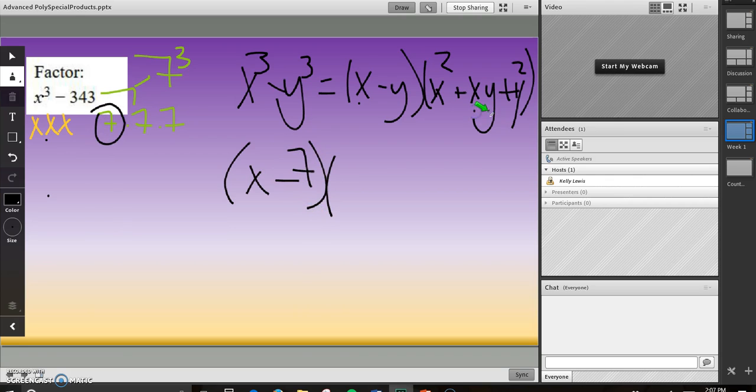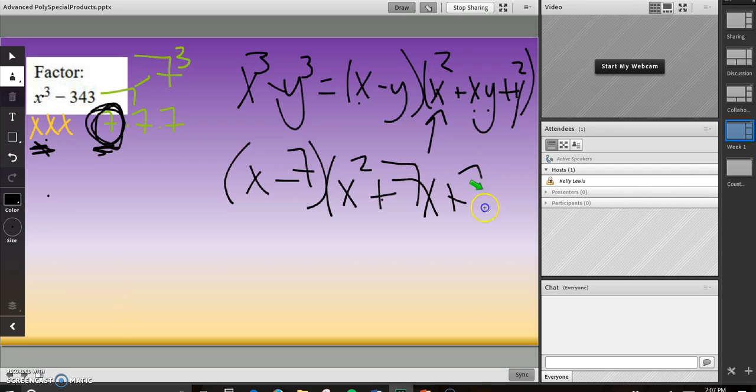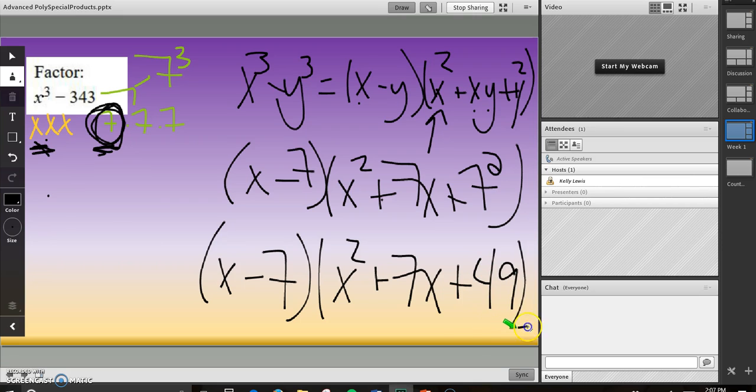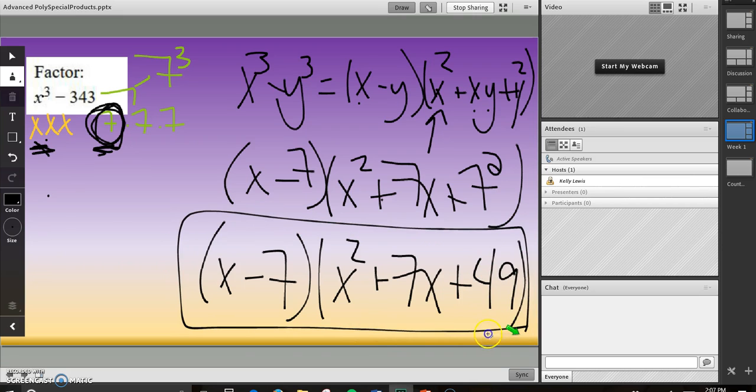Then we multiply the two things together, an x and a 7. Uh-oh, hang on, we forgot this guy. We're going to write x squared, my bad, plus. Now we multiply x times 7, 7x, plus, and then we write this guy squared. If you want to, you could skip that step and go straight to 7 squared is 49. Don't multiply this out. This is your answer. When you multiply all of this out, you're going to get him.